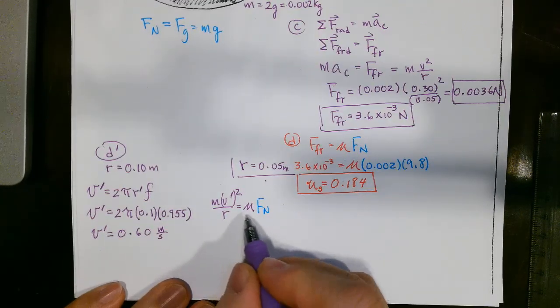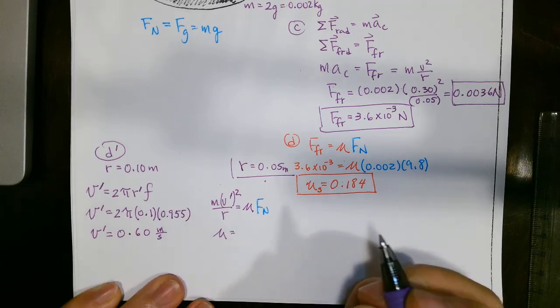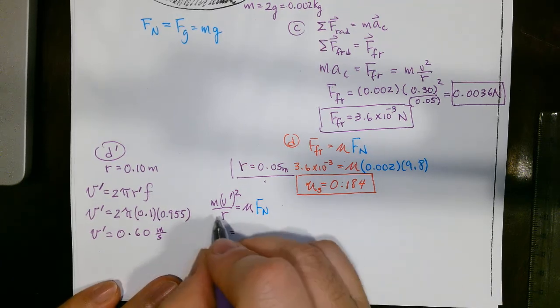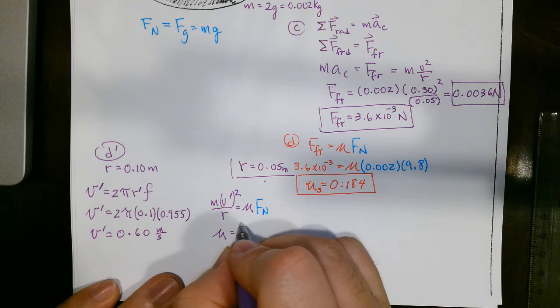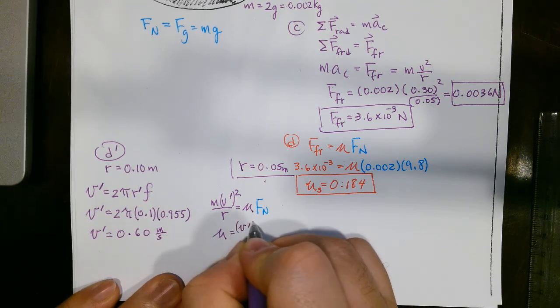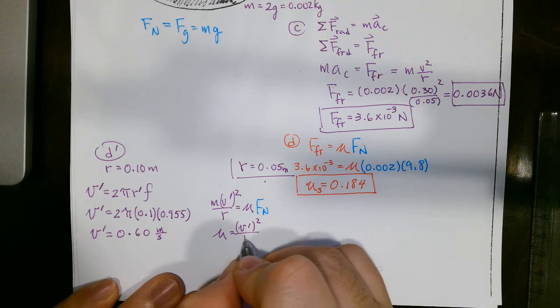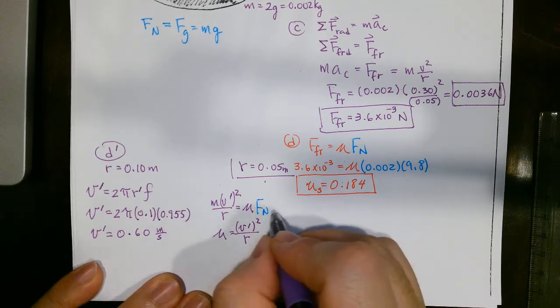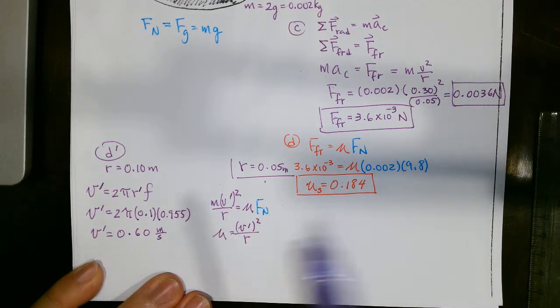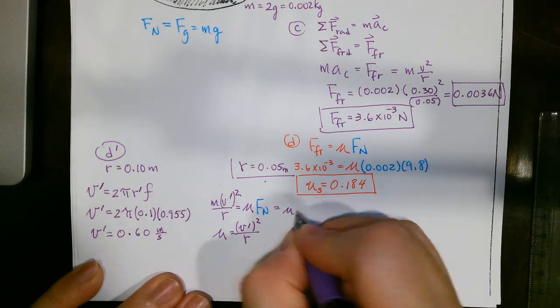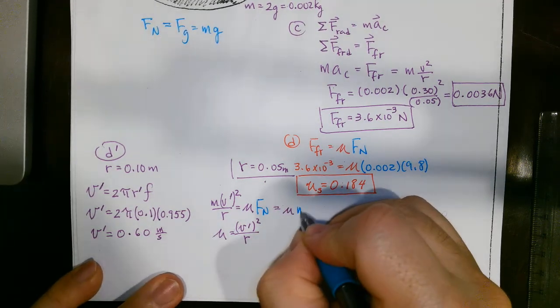Therefore, my mu is equal to, right, here, V prime squared over R, and this is equal to mu times mg.